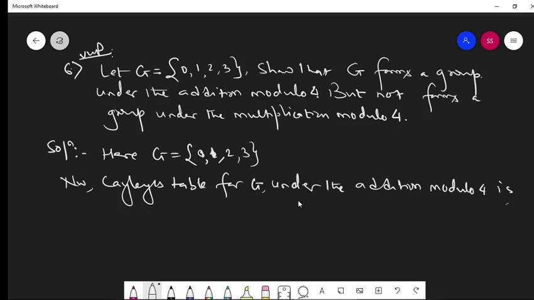Hence, existence of identity element is satisfied.